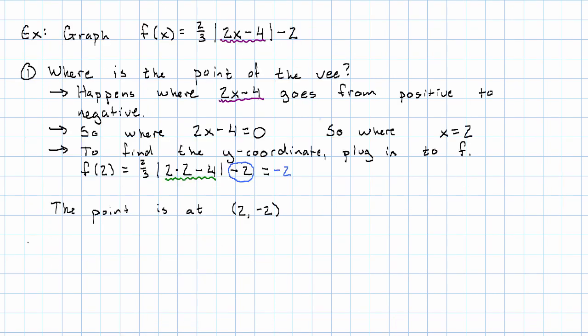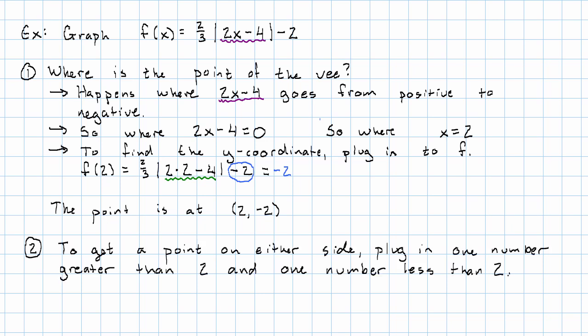Getting a point on either side is actually even easier. To get a point on either side, we want to just plug in one number greater than 2 and one number less than 2. We could pick any values of x that we like, but take a look at this fraction for a moment.